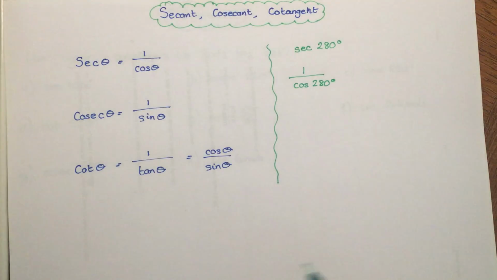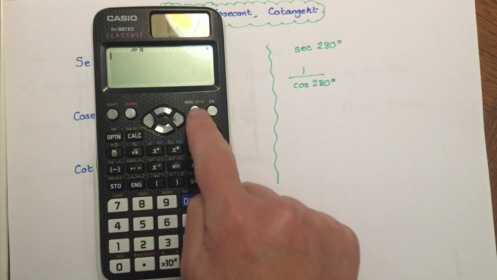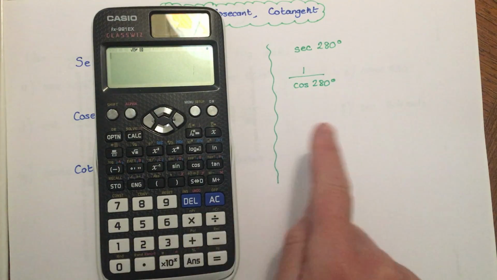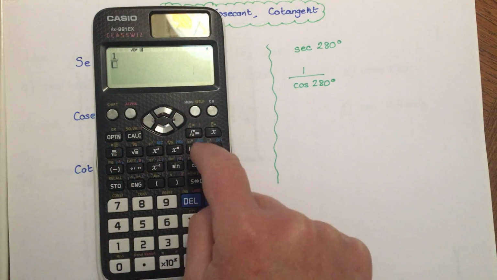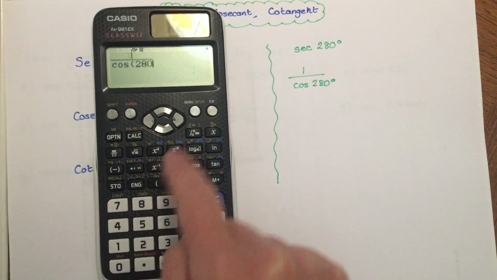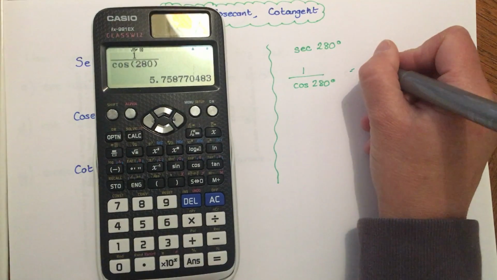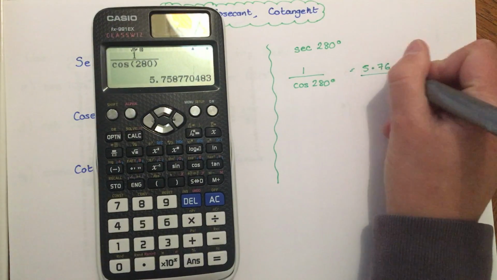And all you need to do is input that into your calculator. I need to make sure I'm in degrees. And then 1 over cos 280 is 5.76 to 3 significant figures.